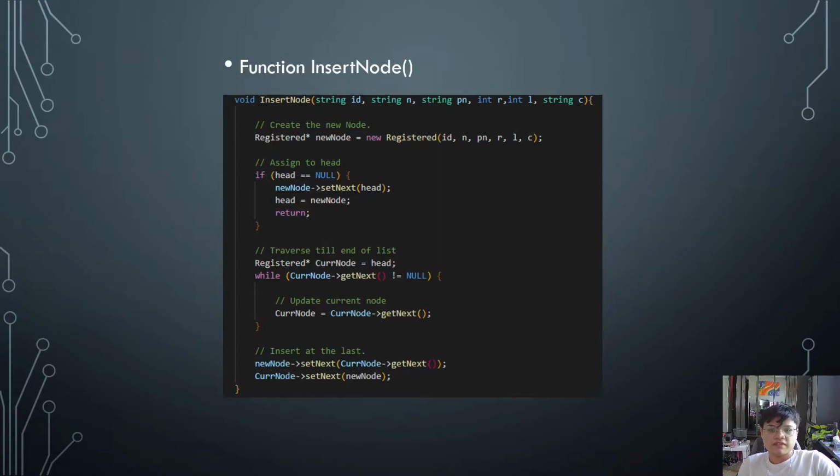Therefore, after we declared the node in our registered class, which was registered pointer next, we have this function called insert node. This insert node will locate a position to insert the element, allocate memory for the new node, and point it to its successor, and it will point the predecessor to the new node.